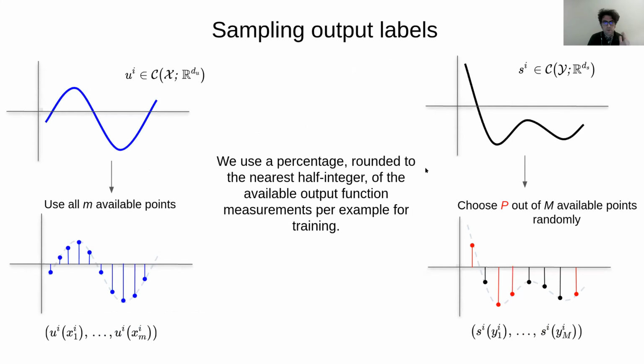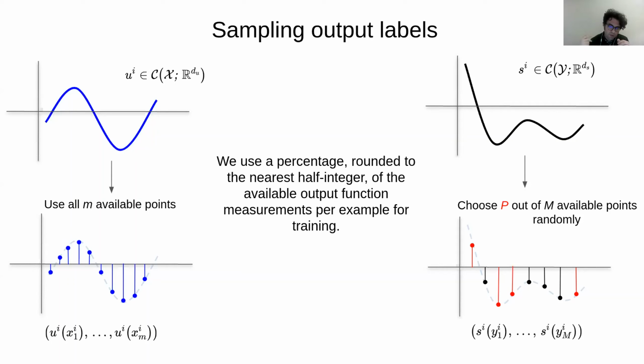So how do we sample? How do we create our input samples, and how do we create a training dataset? As we've seen, we have the u function and the s function, so a pair of input-output functions. For the u function, we will take some M available points, as many as we have, and then for s, we will choose some P out of the big M points randomly.